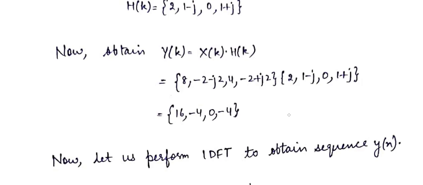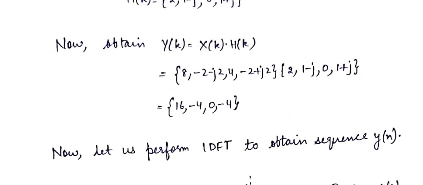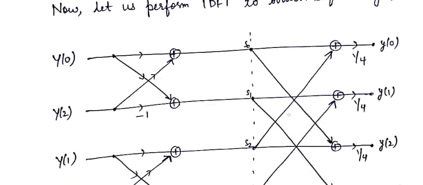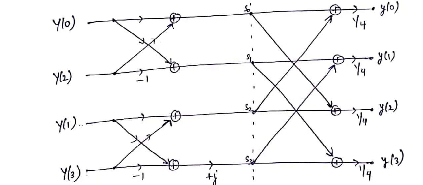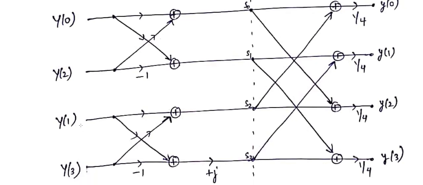After getting YK, what is the next step? We have to find yn. For yn you have to find the inverse discrete Fourier transform, and for that again we are using the inverse FFT algorithm. In this, a little bit of change is there. At the input side you will keep the capital Y sequence as y0, y2, y1, y3, which is now shifted order like we do in DIT.